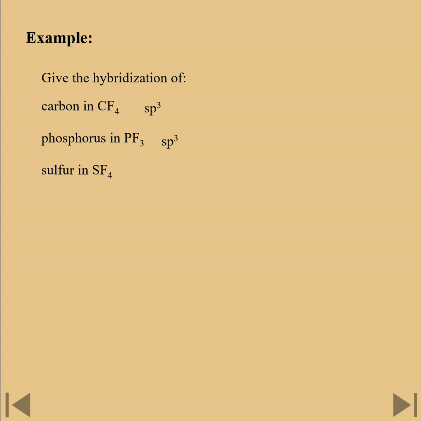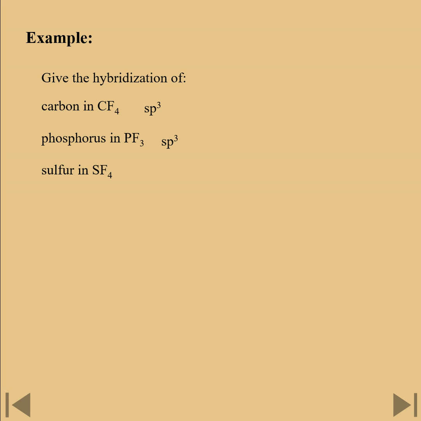Make it clear. Carbon tetrafluoride was sp3. Is that 4 regions of electrons? Phosphorus trifluoride is sp3 because it also has 4 regions of electrons. It just happened to have one of them be a non-bonding pair. So I hope that makes it clear. It doesn't matter if they're bonding or non-bonding. It's about how many regions of electrons are around that central element.